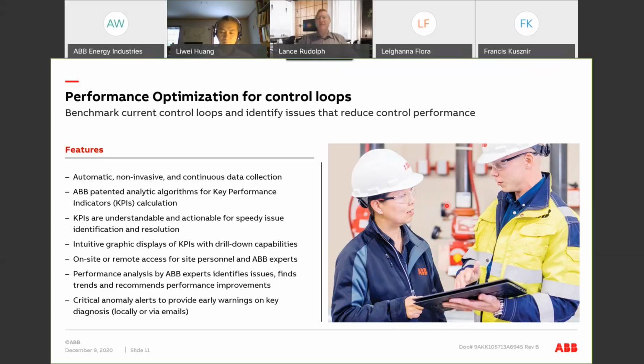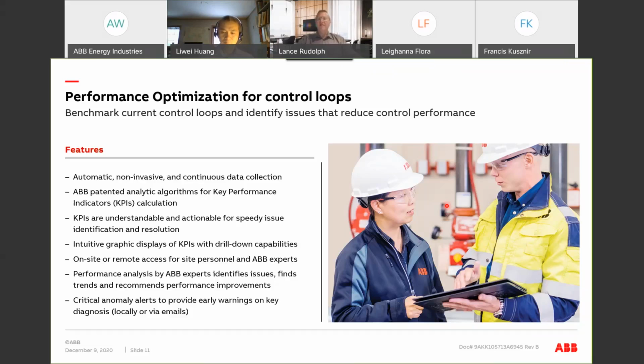Having this information available and updated on a daily basis with a quick and easy way to see where the issues really are. So most of you responded that you're doing this kind of analysis on demand. So when you've got a problem, what we're trying to do here is automate that process so that you proactively know where your areas of opportunity are.